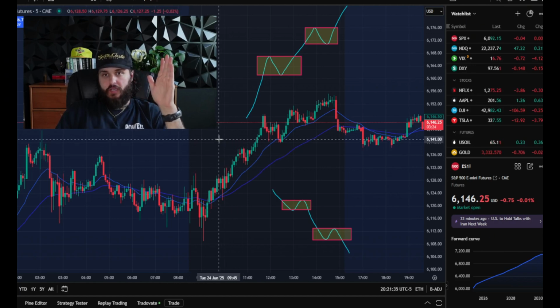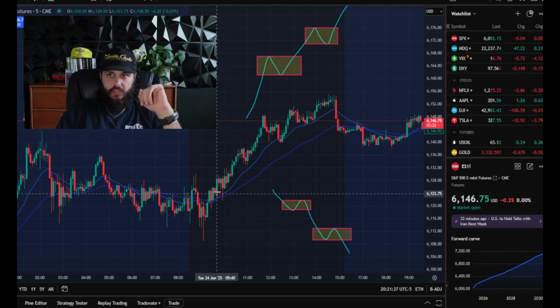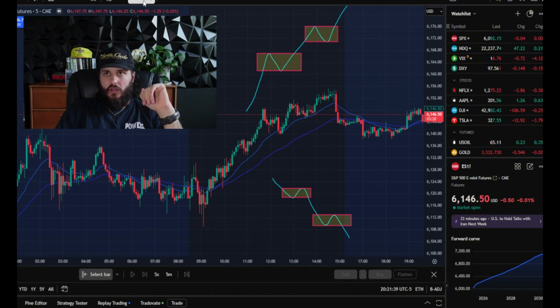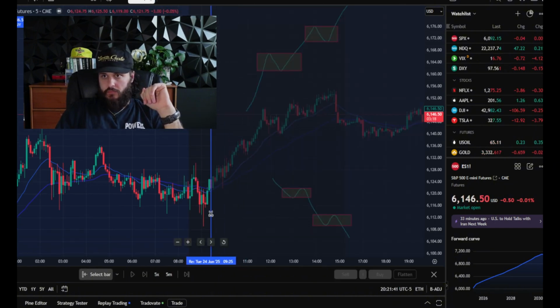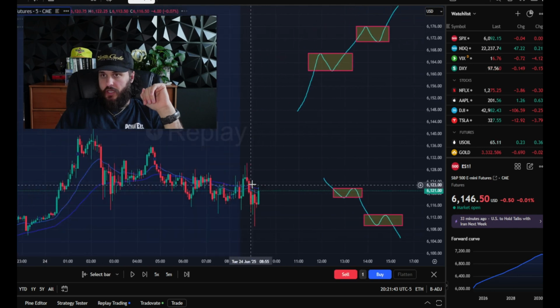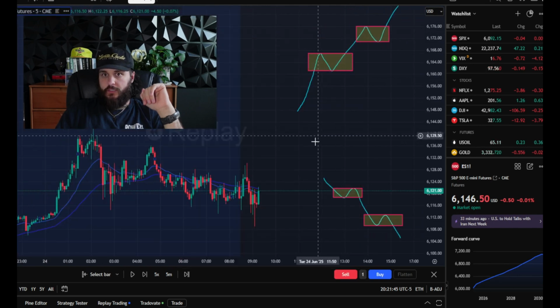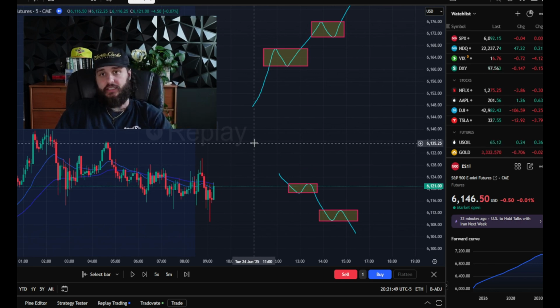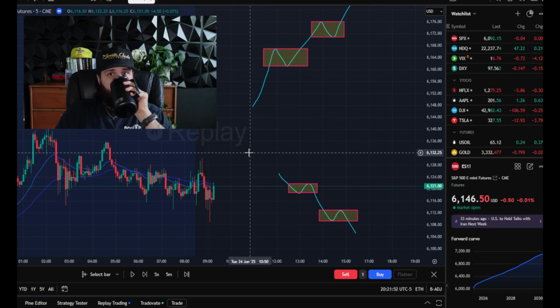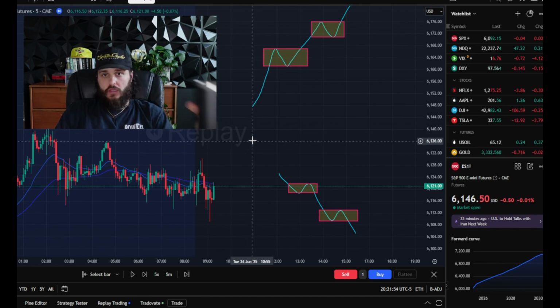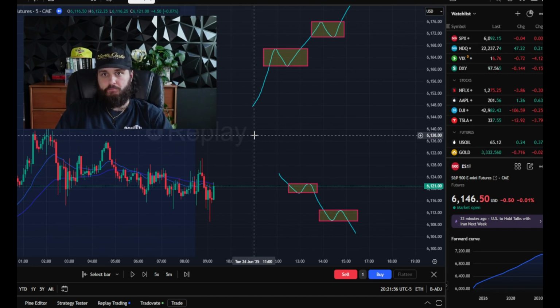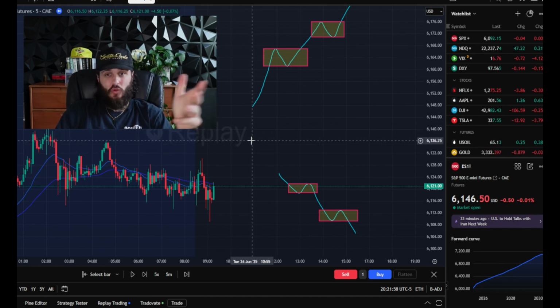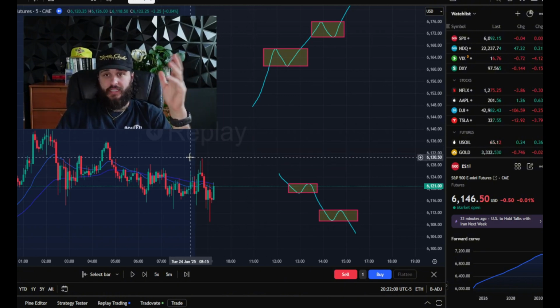So think about those range phases versus trend phases. What we see in the morning, when the U.S. market opens, believe it or not, is we tend to see the market range, okay? Generally within the first hour, we tend to see a range.